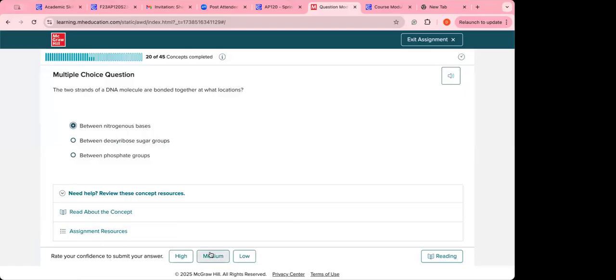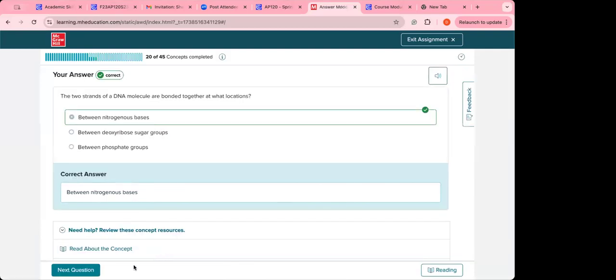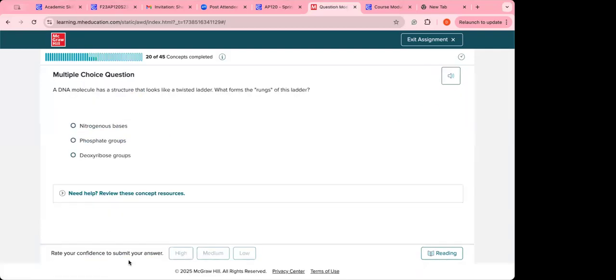Because they're not sugar groups and they're not phosphates. So the bases are the rungs of the ladder.